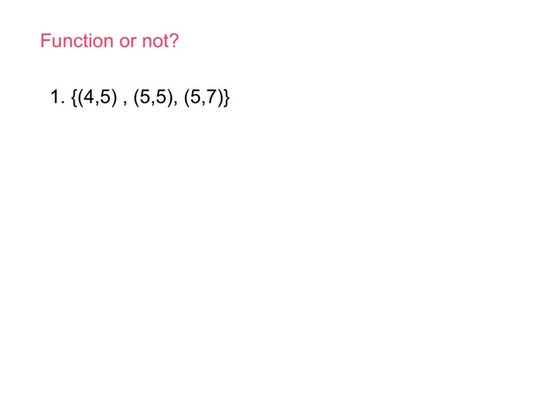Okay, so the idea is we're going to look at this first coordinate, and that first coordinate. Do any of the first coordinates repeat? Well, we can see that these two repeat. So this makes this first example not a function. Okay, hopefully that is making sense so far.